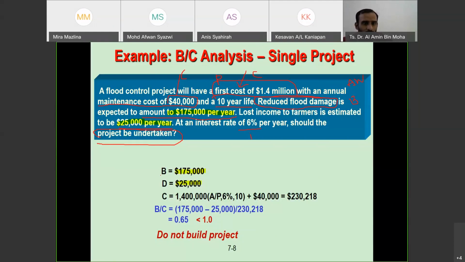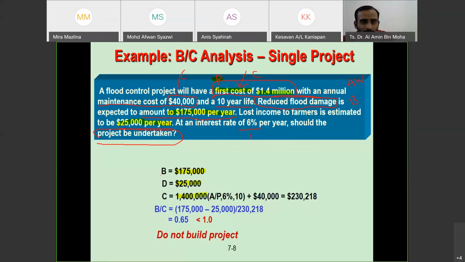And then cost. How many types of cost do we have here? We have two, right? The first cost that we say is P. Why is it P? Do you understand this? I hope you get this. Because first cost is the first-time occurring cost. It's present worth, P0. So it's 1.4 million.